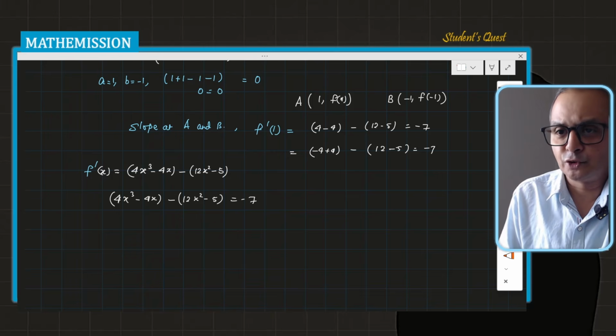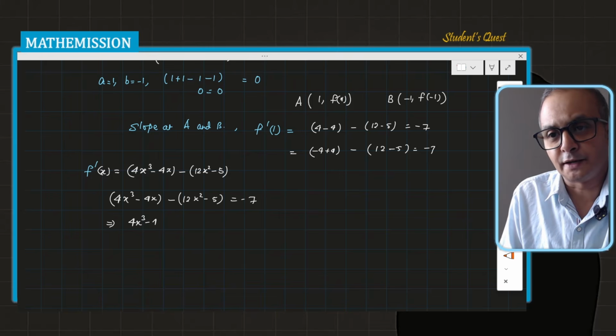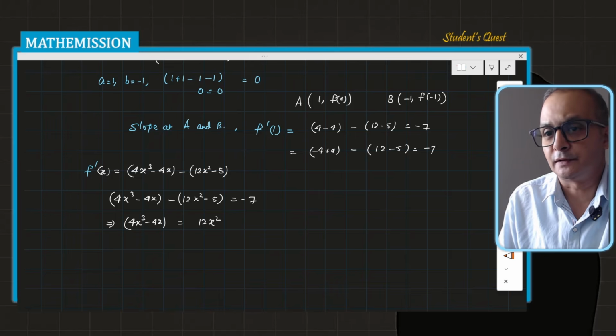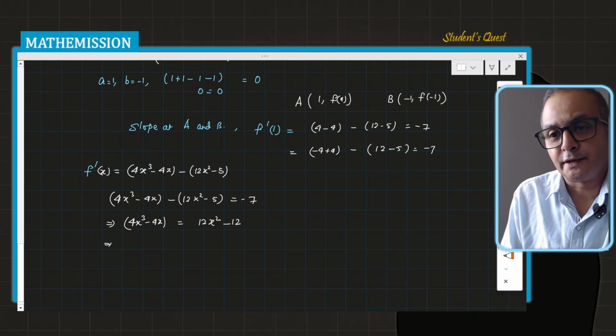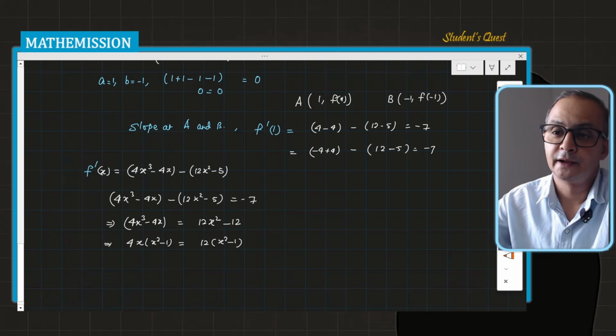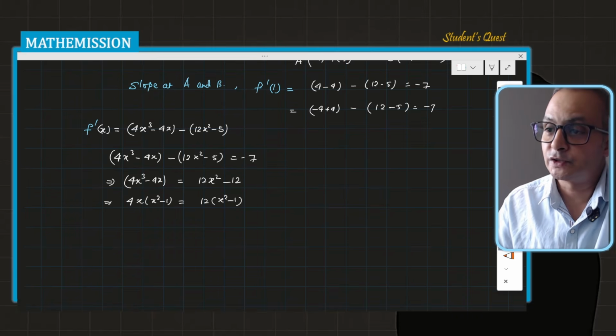We can do this easy calculation like this: 4x cubed minus 4x, and I will send this thing to this side, so we get 12x squared and plus 5 minus 7, so it will become minus 12. From there I'm getting 4x common again, so we get x squared minus 1, and here also 12 times x squared minus 1. Notice that we have already cancelled those x's.